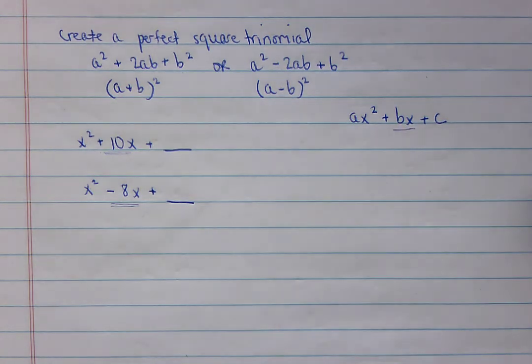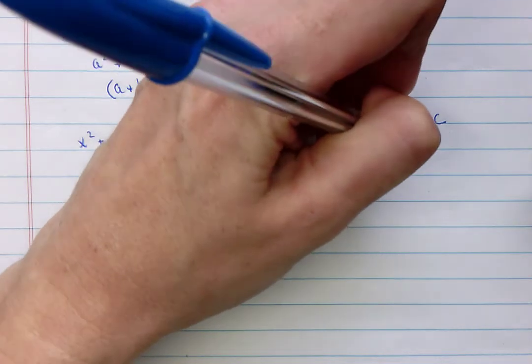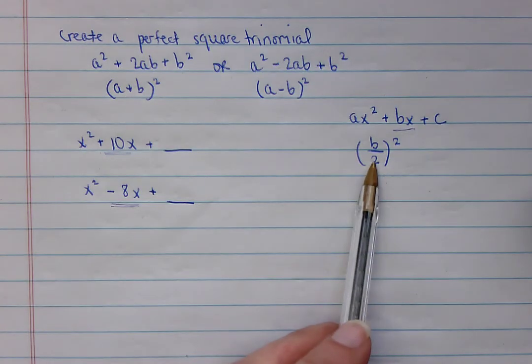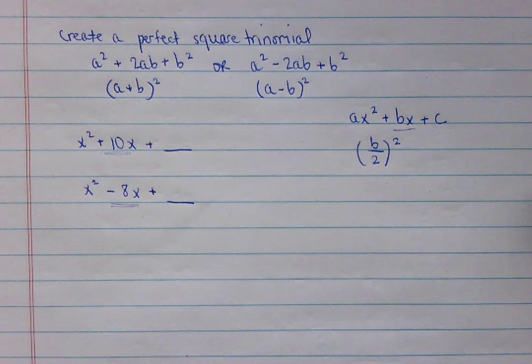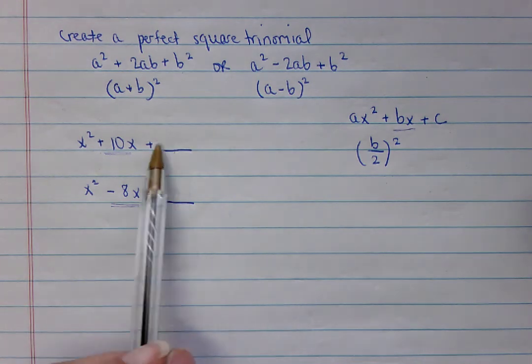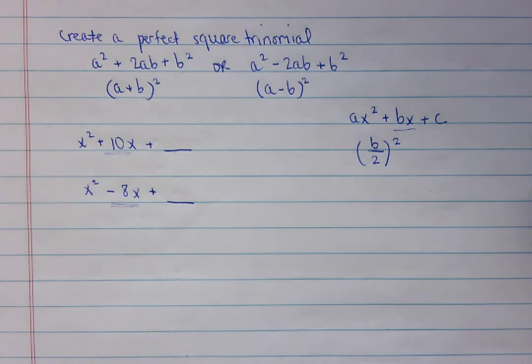When we complete the square, what we do is we want to take b and divide it by 2 and square it. That's going to be the number that's going to be added to both sides of the equation when you solve it. Or if you're just trying to complete the square, that's just the number we're going to add to complete the square to create that perfect square trinomial.